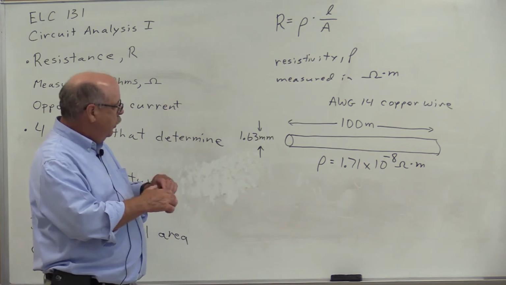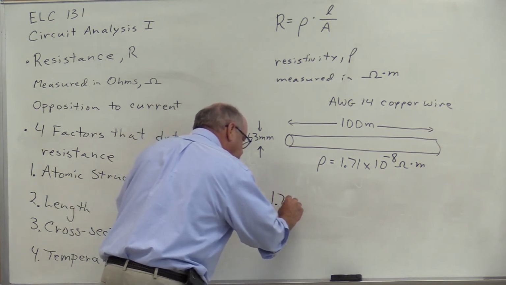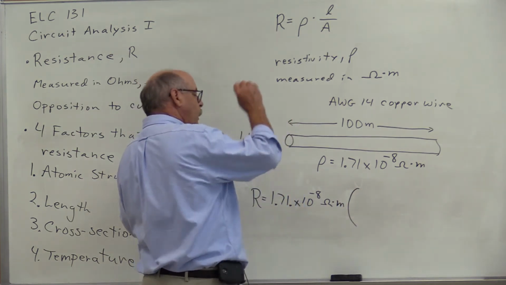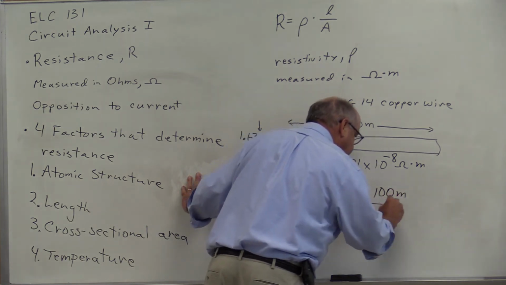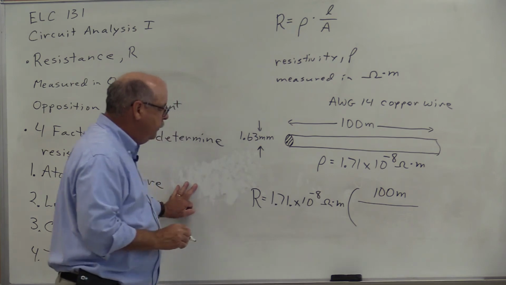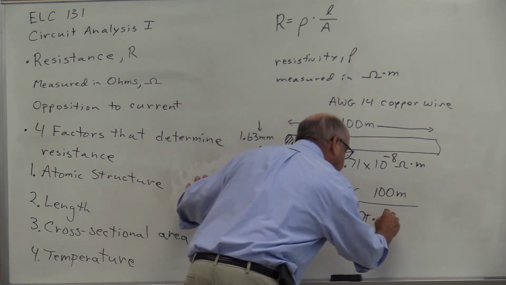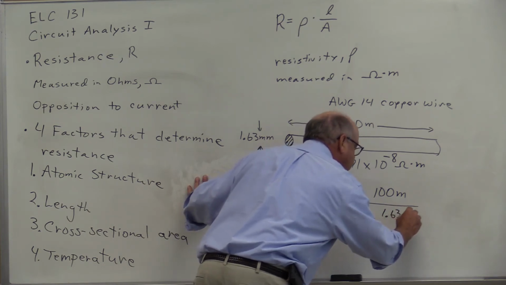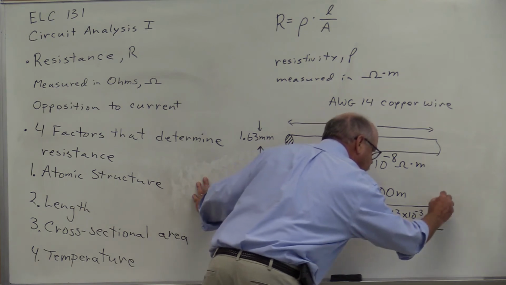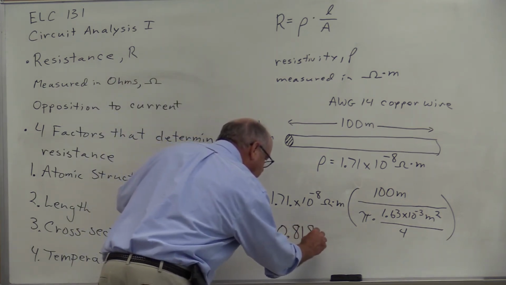So the resistance of this 100-meter length of wire would be 1.71 times 10 to the negative 8 ohm meters times the length, which is 100 meters, divided by the cross-sectional area, and the cross-sectional area is that area of the wire, which would be, of course, pi times 1.63 times 10 to the negative 3rd meters, all that squared, divided by 4, which would give us a total resistance of 0.818 ohms.